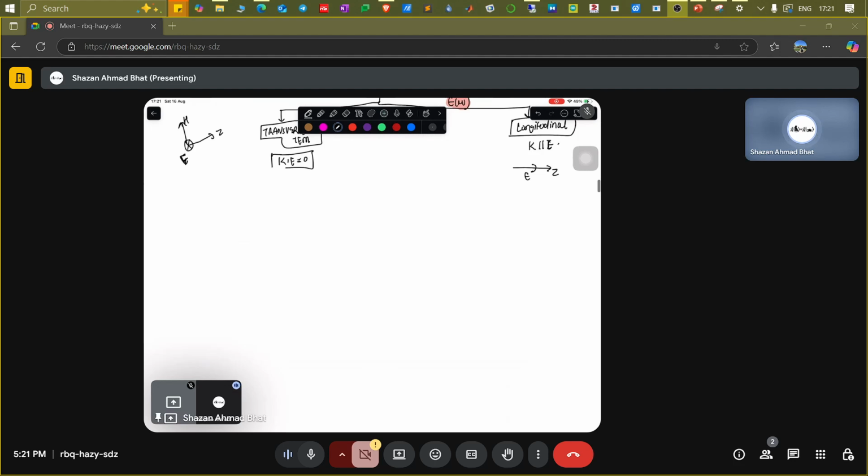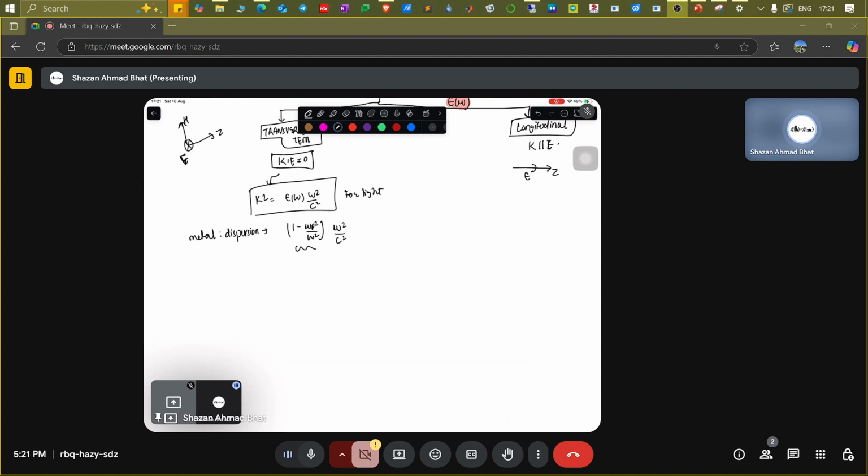If we solve for this particular scenario, we get that k square is equivalent to epsilon omega square divided by c square, for the light. And you know for a metal that the dispersion, inside the metal, is given by epsilon of omega equal to 1 minus omega p square divided by omega square.